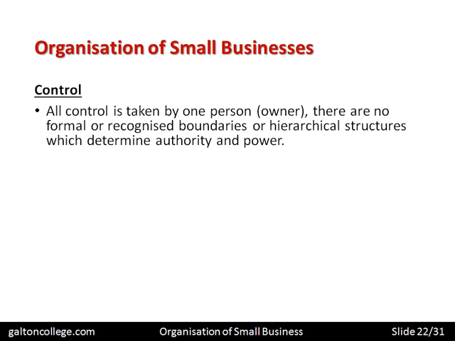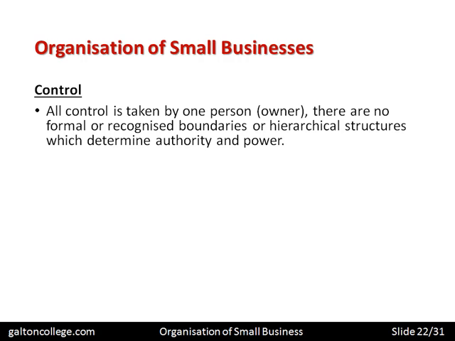Control. Well, all control is taken by one person, the owner. There are no formal or recognized boundaries or hierarchical structures which determine authority and power. There is just the workers, and one step up is the owner.